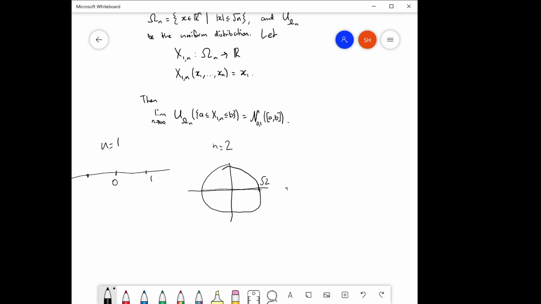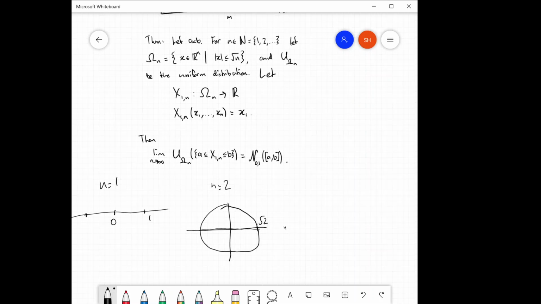And the reason we take this square root of n as the radius is going to become clear when we look at variance. So for variance, this scaling maintains the variance at each step.